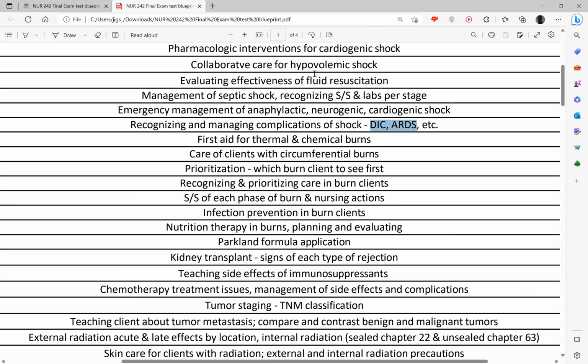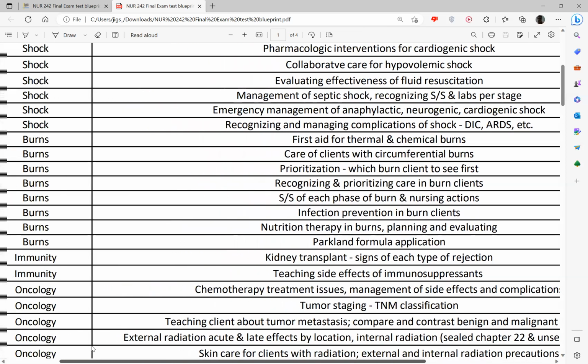So DIC, for instance, the clotting begins in the progressive stage. That's why the INR starts rising. And then under refractory, that's when you see full-blown DIC and ARDS. That's it for shock. Any questions?